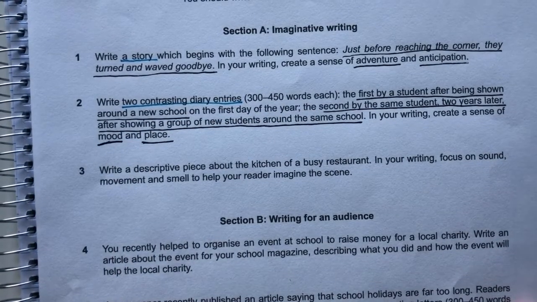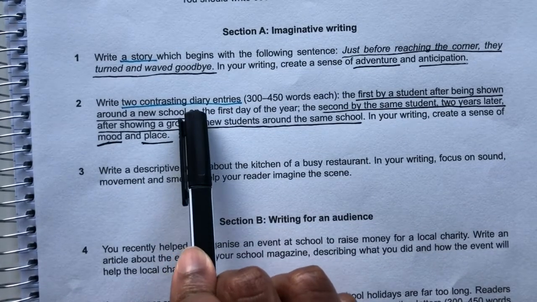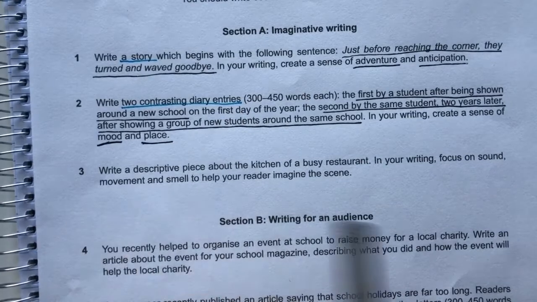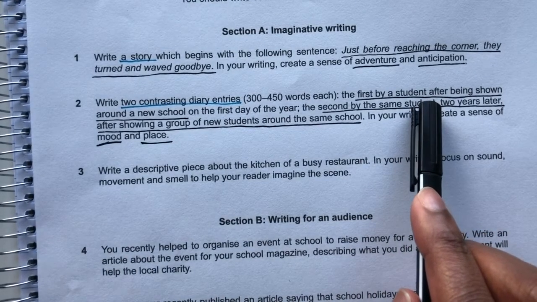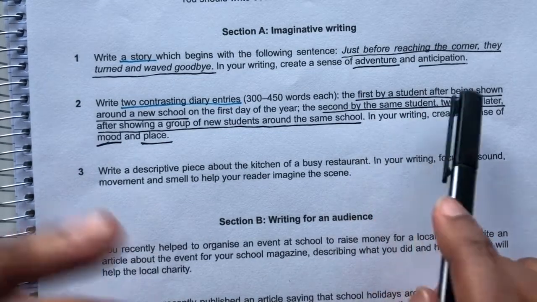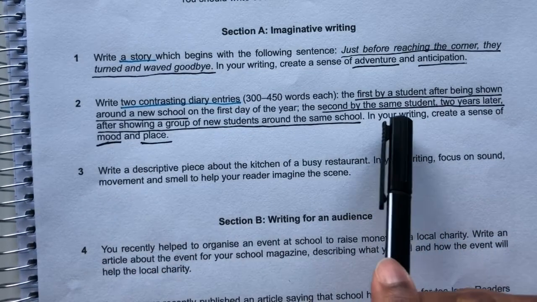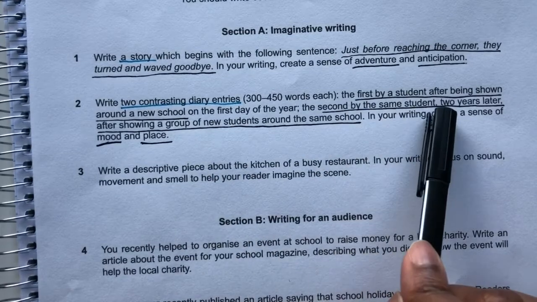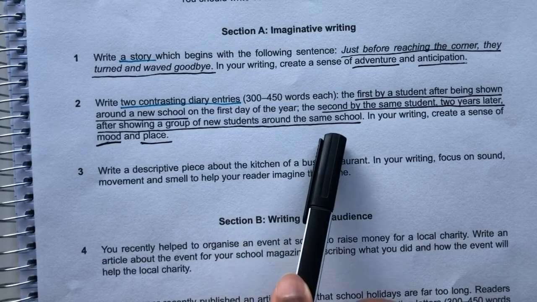Okay, so here, 2 diary entries. One is a new kid. You're not the new kid, but there's a new kid who is being shown around a new school. And then that same kid later on is showing other people the same school.